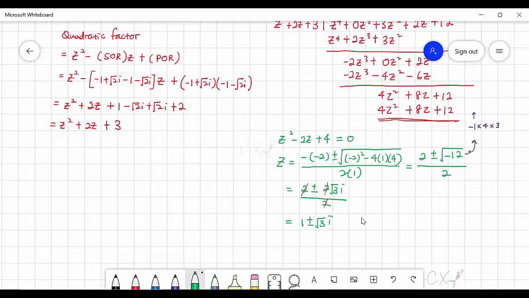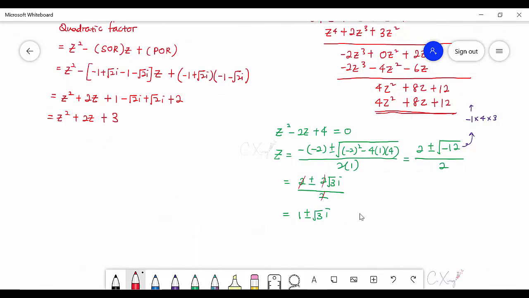To make it easier for the examiner to mark, I will list out all the roots. The roots for this polynomial are negative 1 plus square root 2i, negative 1 minus square root 2i, then 1 plus square root 3i, and the last one is 1 minus square root 3i.